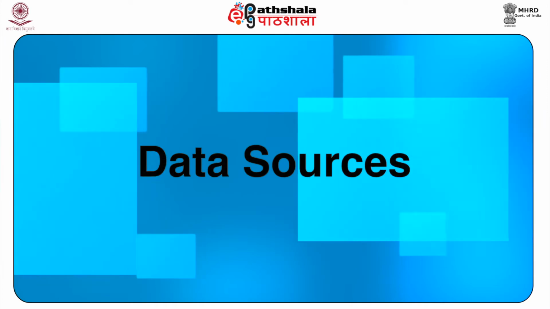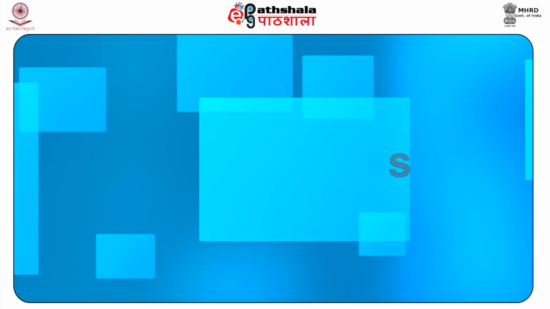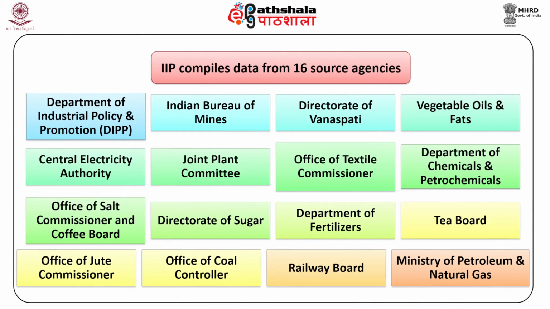Now let us discuss about the data sources. IIP compiles data from 16 source agencies, viz.